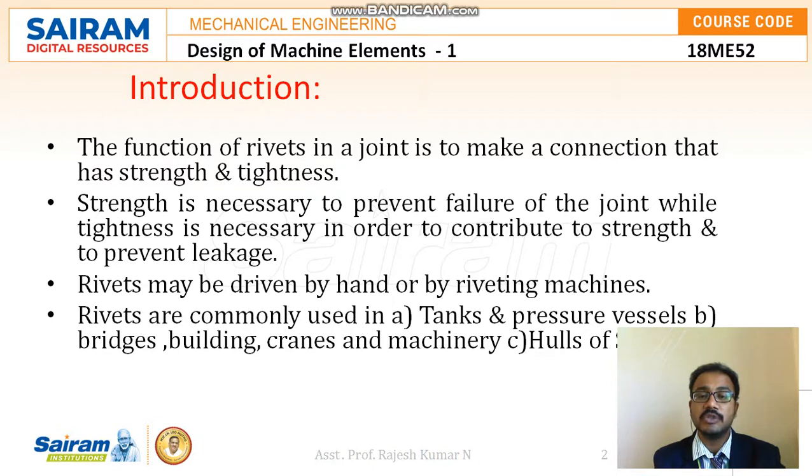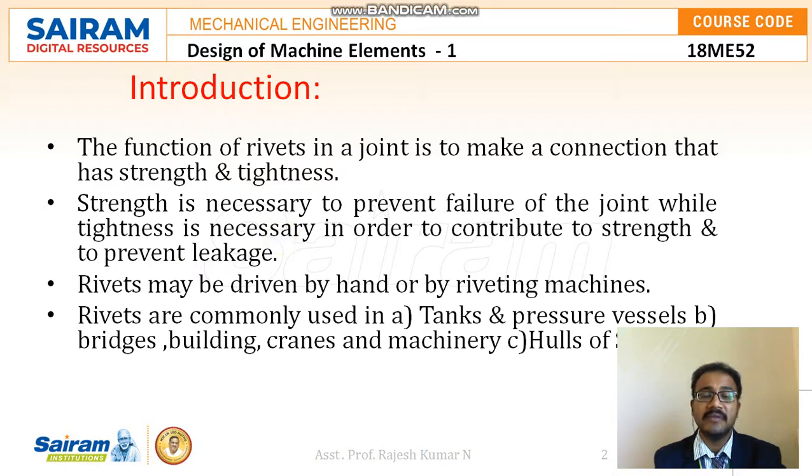Strength is necessary to prevent failure of the joint, while tightness is necessary in order to contribute to strength and to prevent leakage. So this is the main motto of riveting. Riveting is mostly used for structural purposes, but the major factors to be considered are strength and tightness.